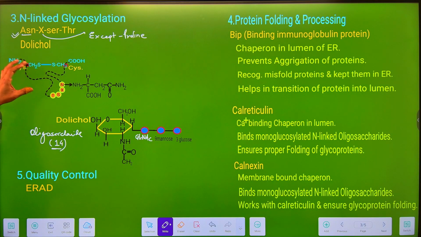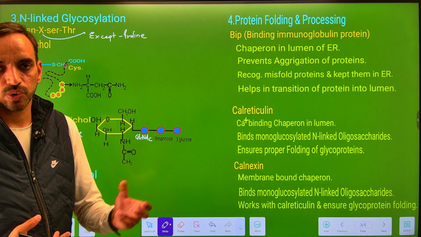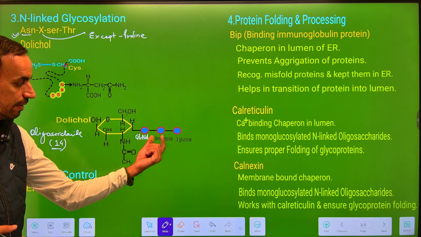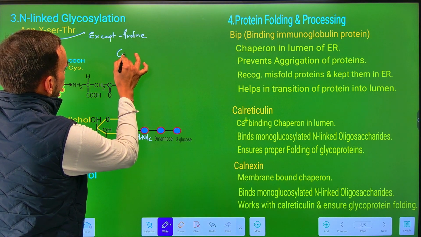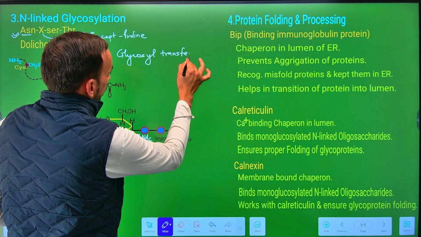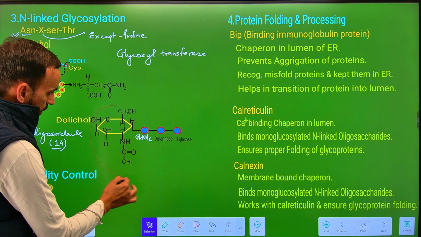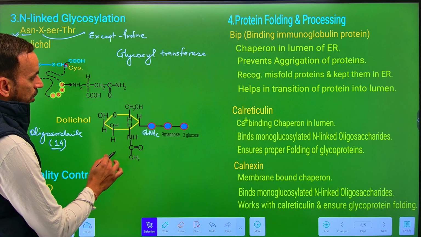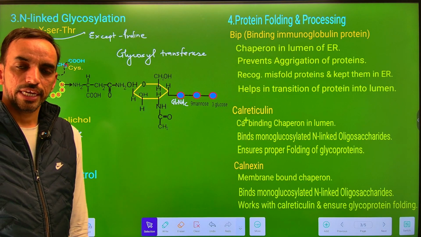So if this protein contains the asparagine, X, serine, threonine consensus sequence, there is dolichol where a pre-constructed oligosaccharide is synthesized in the form of 2 N-acetyl glucosamine, 9 mannose and 3 glucose, and there is an enzyme known as glycosyl transferase. The function of this glycosyl transferase is to transfer this oligosaccharide from the phosphate of dolichol onto the side chain of the asparagine amino acid.